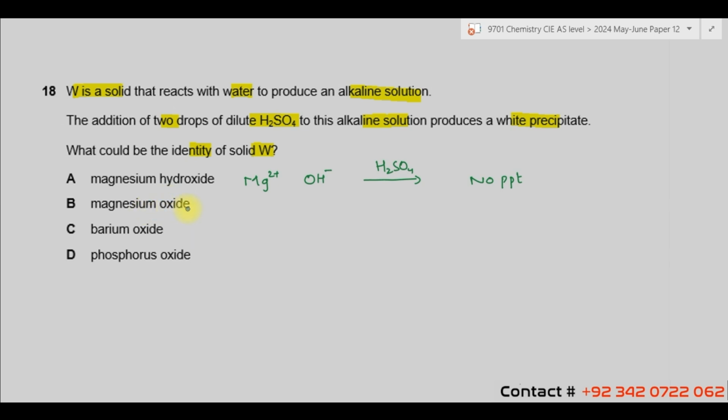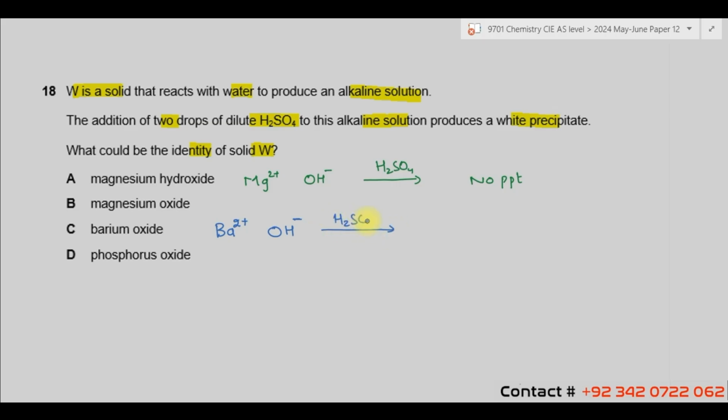Second one is magnesium oxide. Magnesium oxide, when added to water, forms magnesium hydroxide. So again the same thing. Magnesium hydroxide does not form any precipitate with sulfuric acid. Then we have barium oxide. When it is added to water, it forms barium hydroxide, which is highly soluble. So we have Ba2+ and OH- ions.